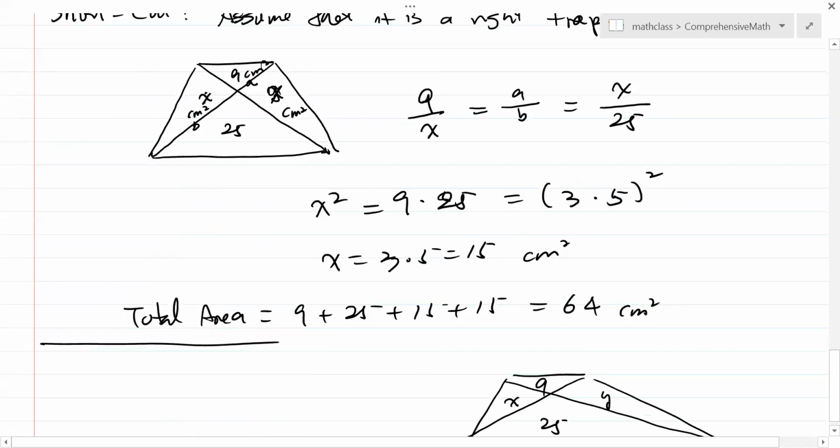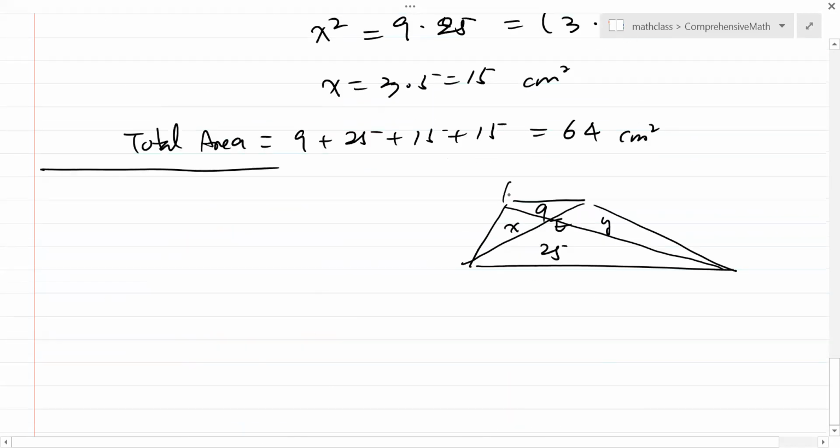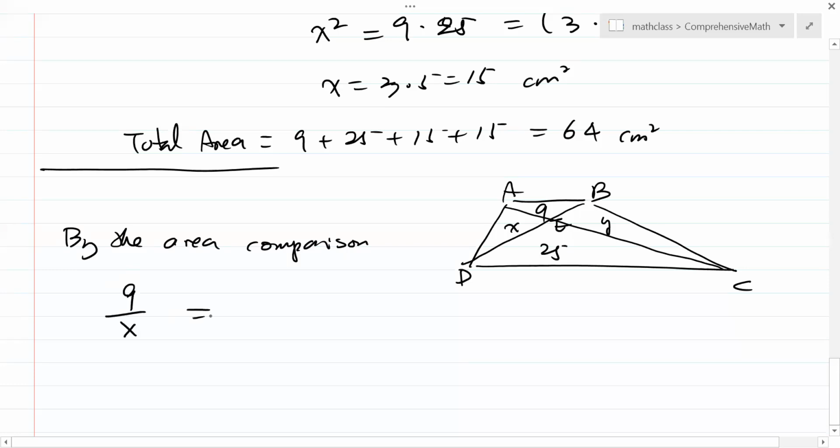A, B, C, D, E. This is E. A, B, C, D. I still do the comparison with the same idea, and use the two left triangles. I get, by the area comparison theorem, 9 over x equals y over 25.